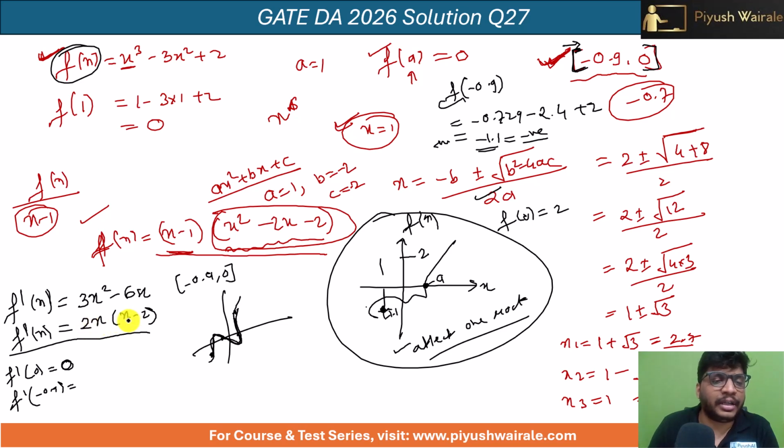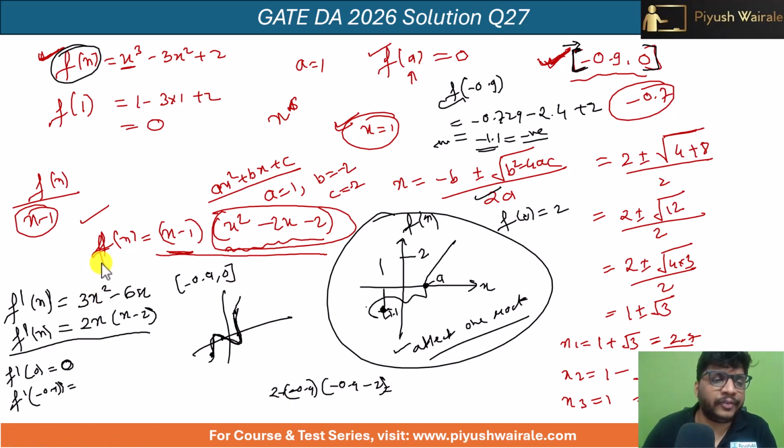So minus 0.9 minus 2 will again be a negative. So minus minus will become a positive. So it will be like this: 3 into minus 0.9, so minus 0.9 minus 2, minus 2.9, into again minus will be a positive here.